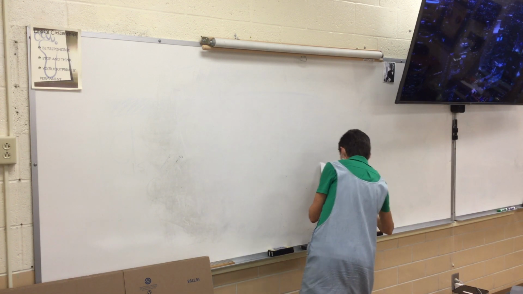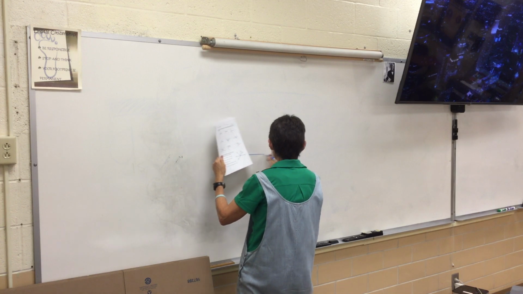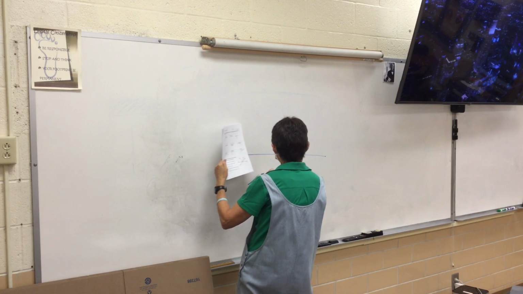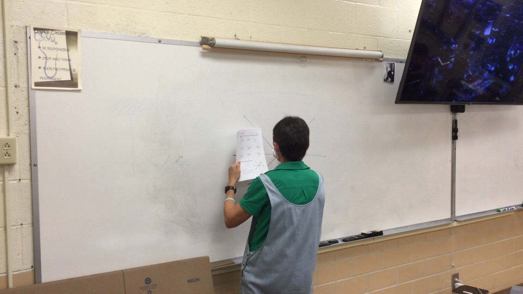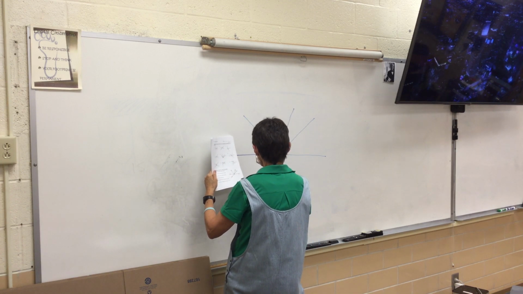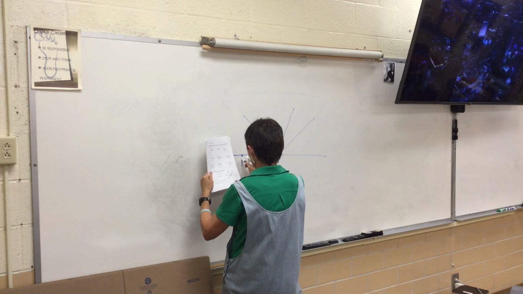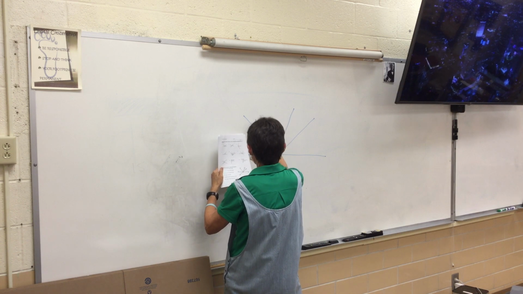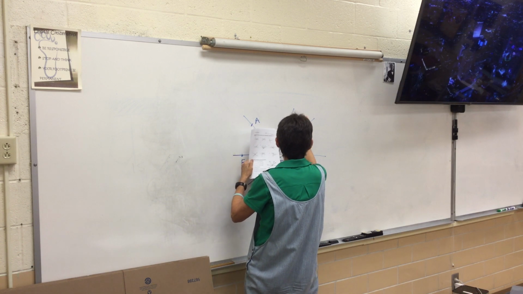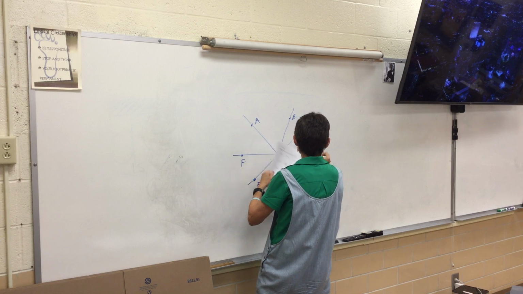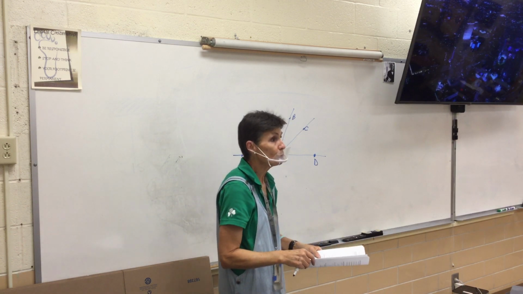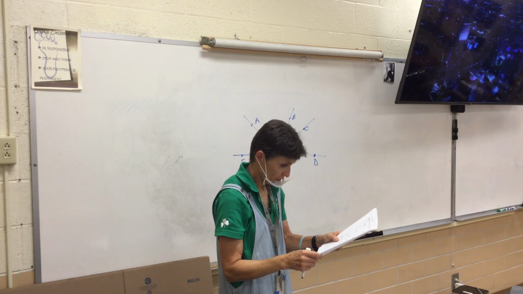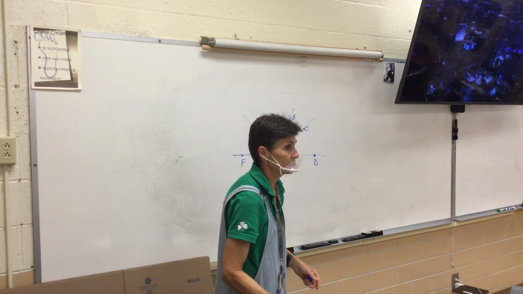Okay, so now we've got a picture. We have 2 lines coming like that, one coming like this, one coming like that. So we have E, F, G, A, B, C, D. Name 2 vertical acute angles.